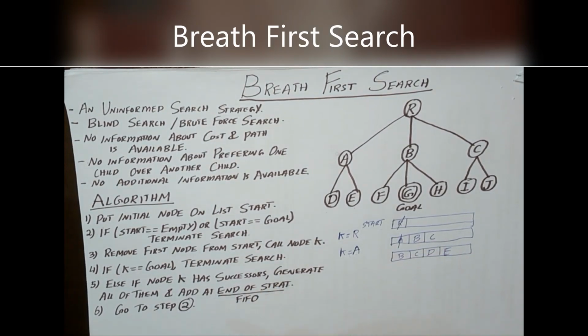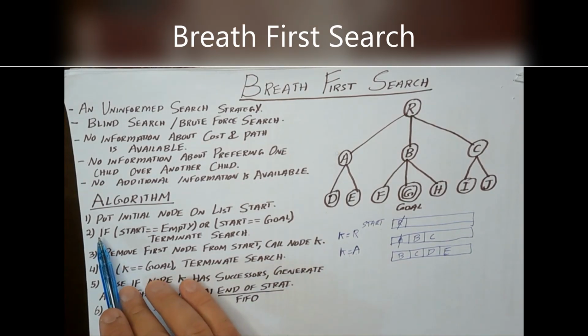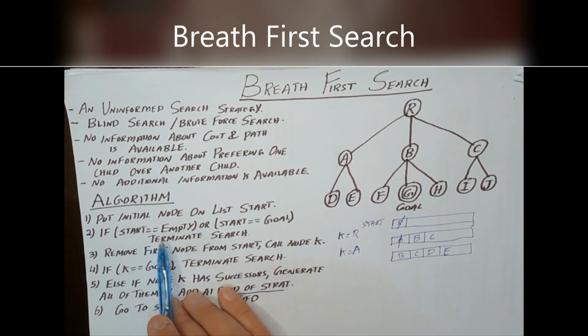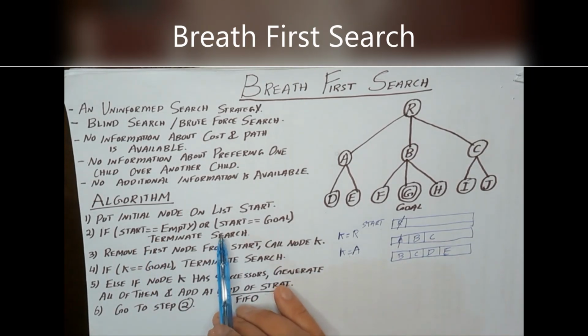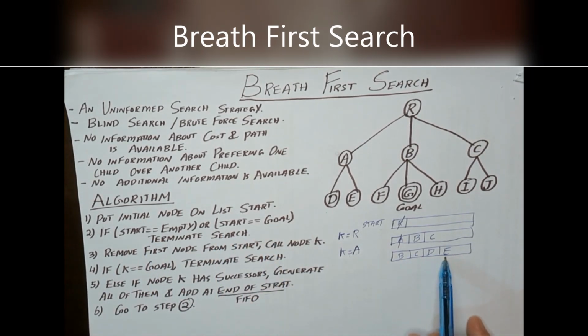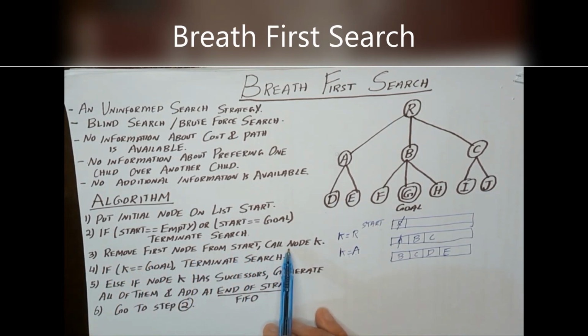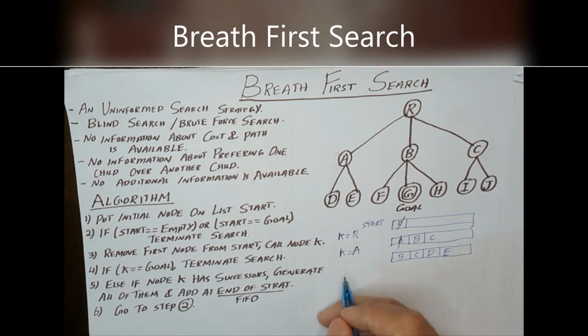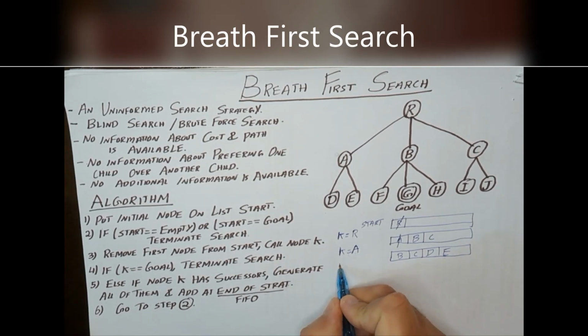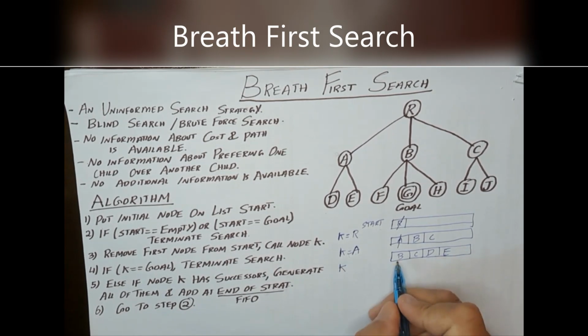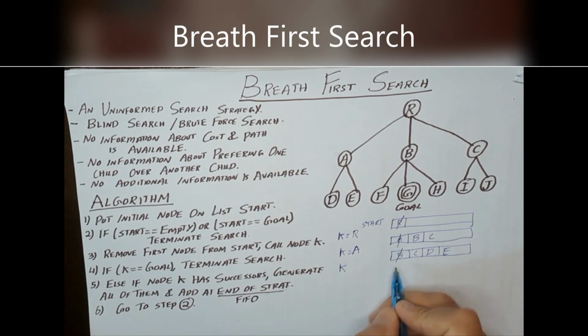Now move on to step 6, from where we move back to the second one. Again we see if start is empty, no, start is not empty, start is goal, no, start is also not goal. So we move on to the third one. Remove first node from start, call the node k. Again we change the value of this variable k, and we remove the first node from the list.